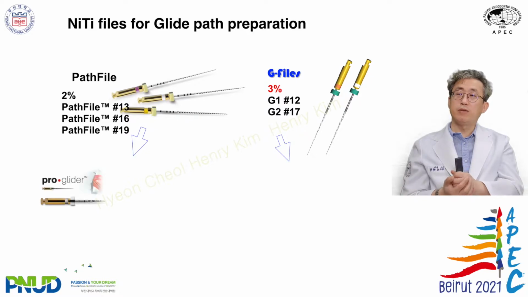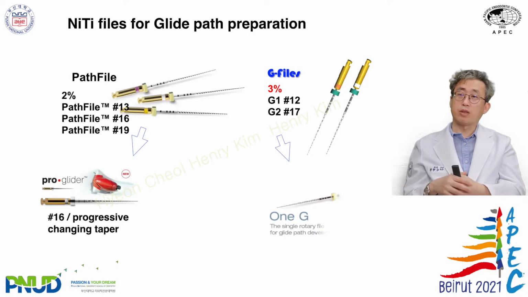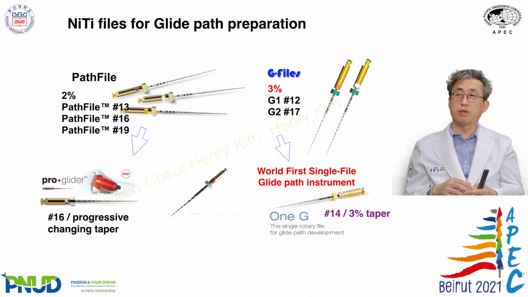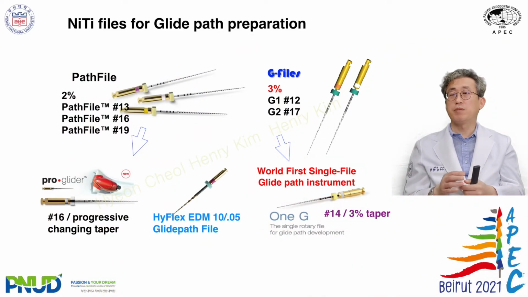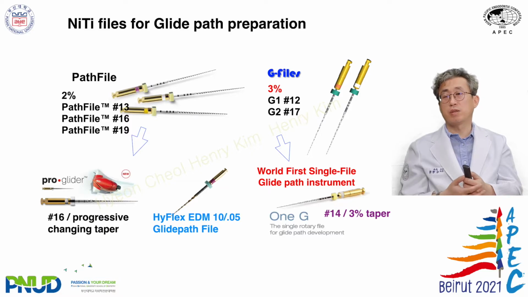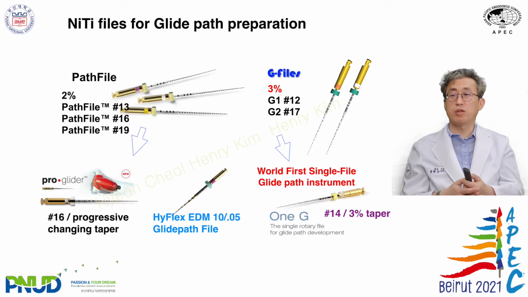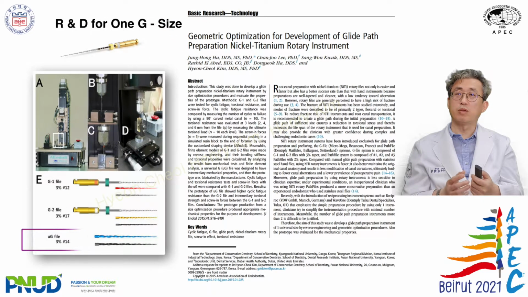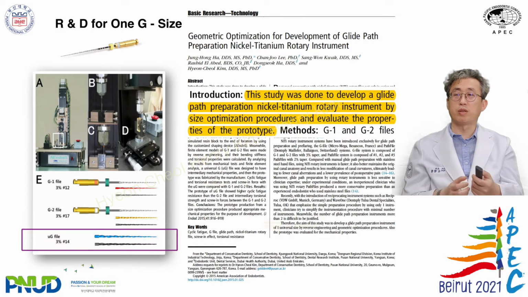Anyway, recently the glide path file systems are simplified to the single file systems. Among them, for the development and manufacturing of the 1G, we have some studies during the manufacturing process development.